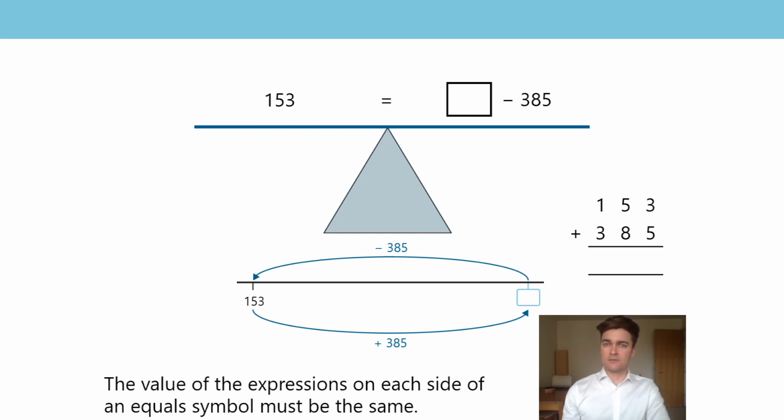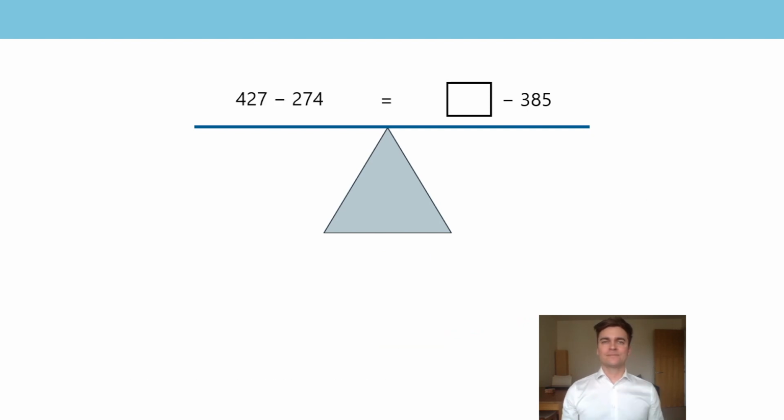Another written addition for me. 3 ones plus 5 ones, 5 tens plus 8 tens, 13 tens, 100 plus 300 plus another 100, 538. 538 subtract 385. The difference on the left and the difference on the right are equal.